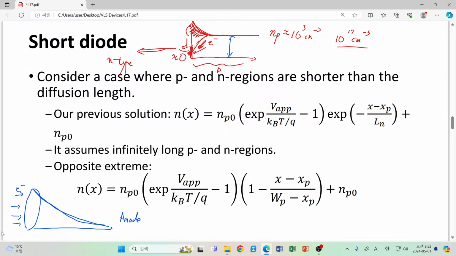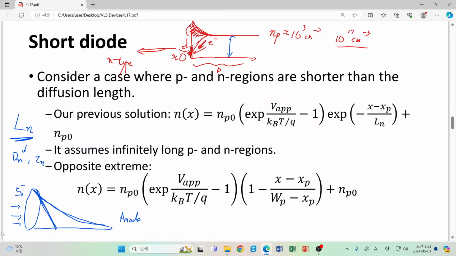It's just expected as a linear function.